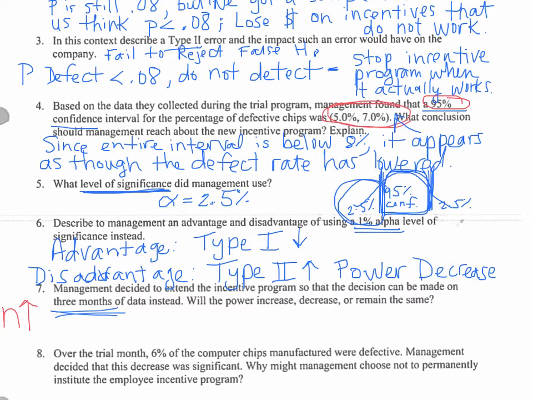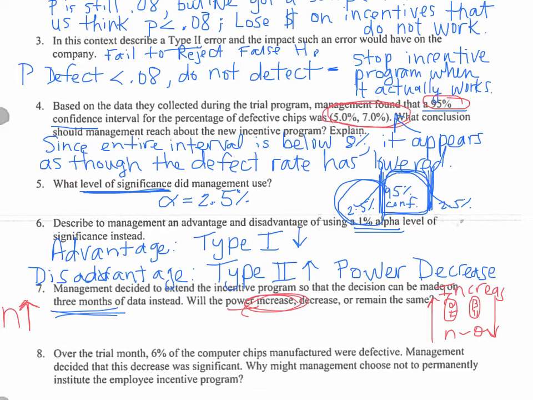And so if N is going up, then we know, based on our little drawing, remember our drawing, alpha down, beta down, and then N affects standard deviation, up and then down. These are ways that power increases. Okay, so if our N is going up, then our power will increase.